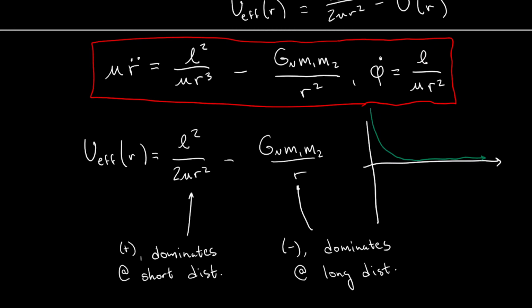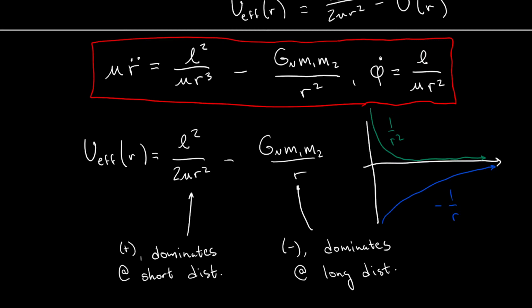Whereas this guy, it's not going to be as large, but it will stay larger for longer. This isn't a perfect drawing, but it's sort of exaggerated, right? So I can think of this as being 1 over r squared, and this is minus 1 over r. Do that in blue. Again, this isn't perfect, but it's sort of to exaggerate the features.